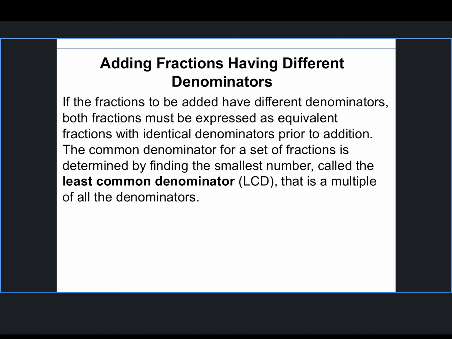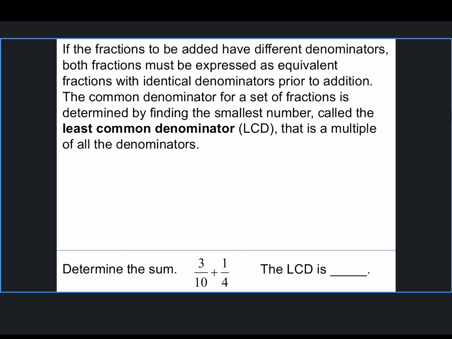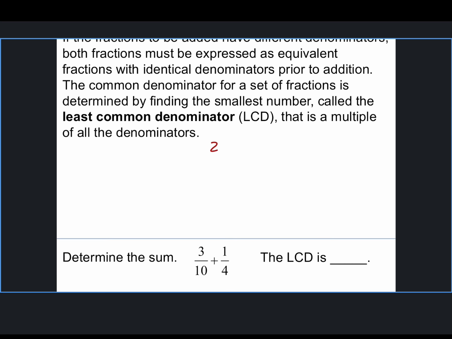Okay, so let's talk about multiples some more. So let's write us a list. Let's start with 2. So what are our multiples? 4, 6, 8, 10, 12, 14, 16, and so on.